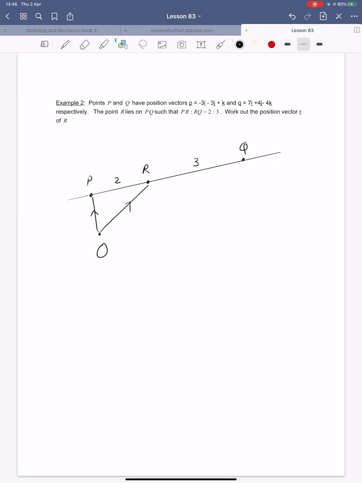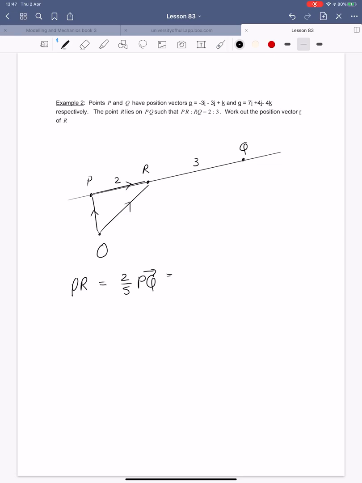We know what P is, and we can work out what P to R is, because it's along the line of P to Q. Right, so let's start by working out P to R. It's going to be 2/5 of P to Q. Okay, and that's because there's 2, and this total length is 5, so it's 2 out of the 5.